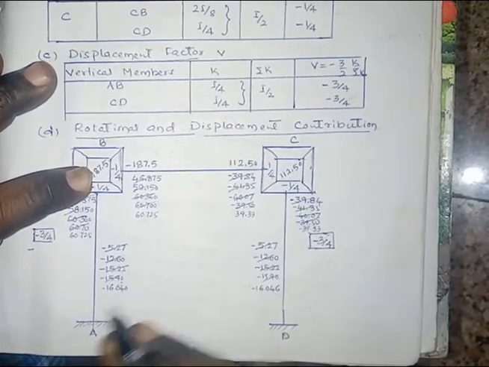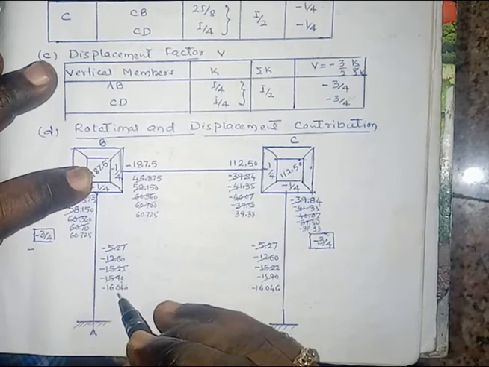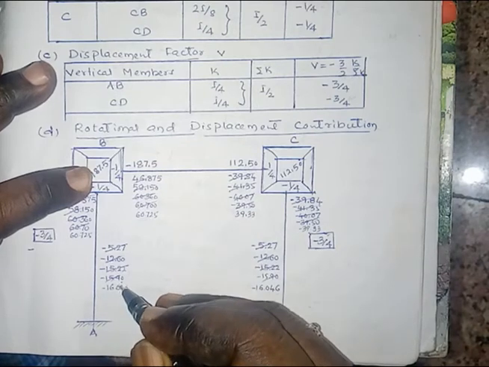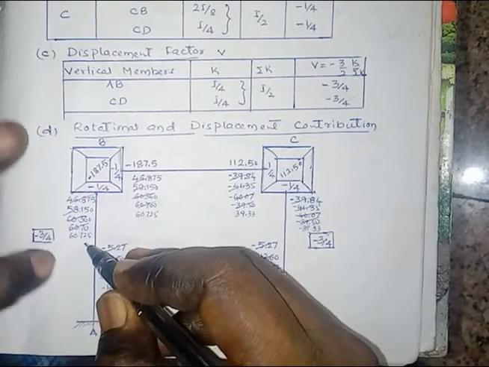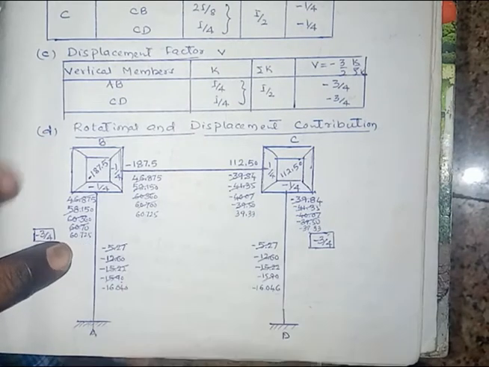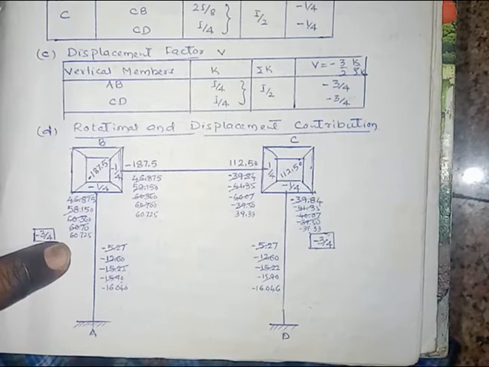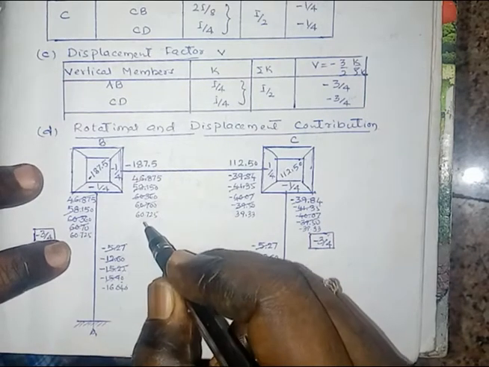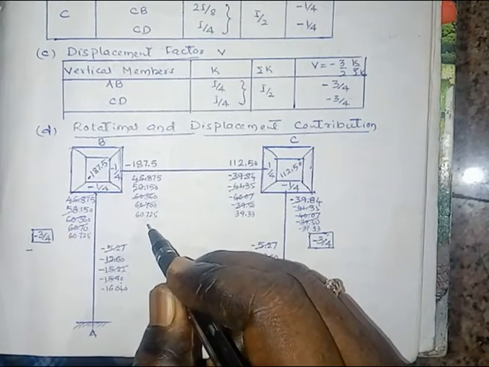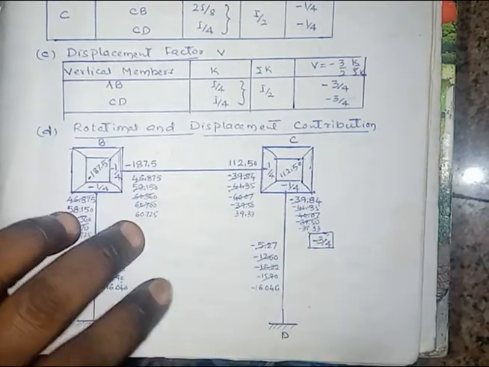Here this one is subjected to lateral sway, hence we have to consider the displacement contribution also. After simplification you will get 60.725 as the rotational moment contribution for the vertical member BA. Similarly for this also there is 60.725 for the horizontal member.